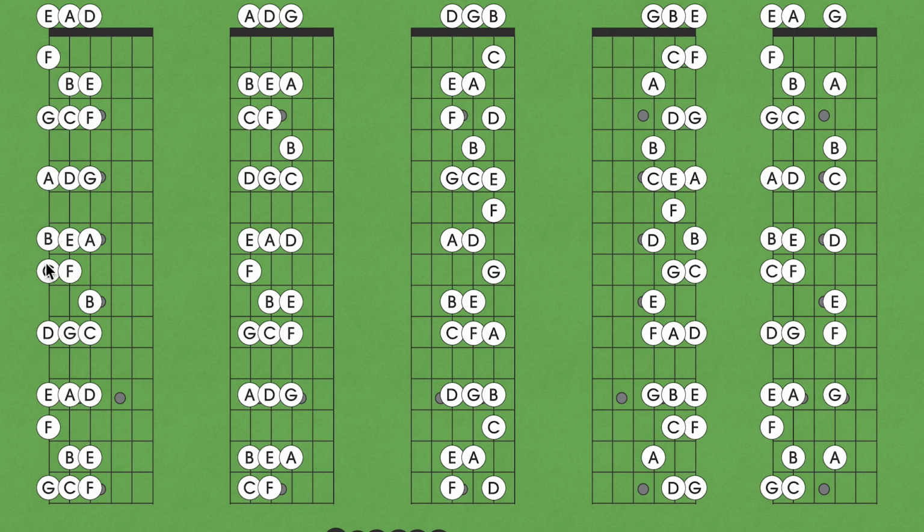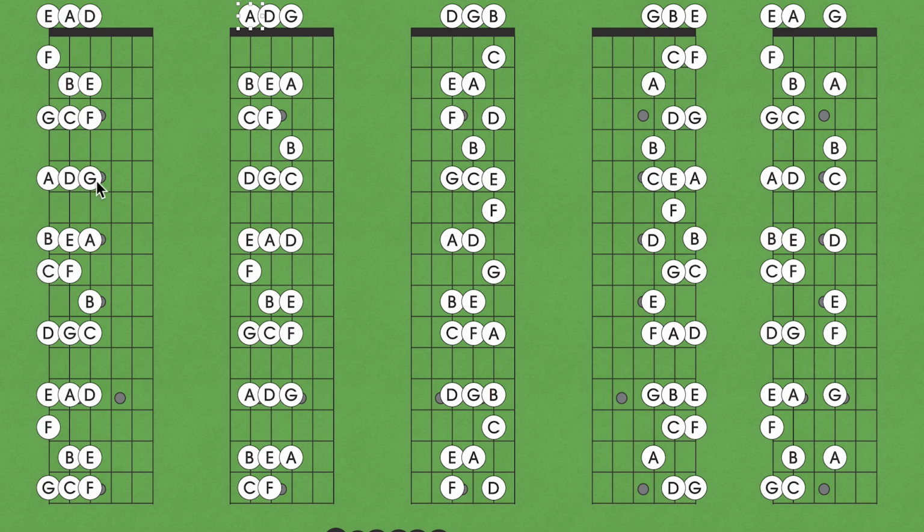Like I said, anytime we have adjacent strings, we're going to have intervals that are easy to play because they're accessible and we're not skipping any strings. Noticing that we have an ADG right here and then an ADG right here, we can see that these strings have the same combination of intervals.